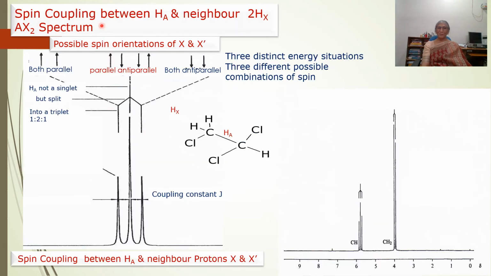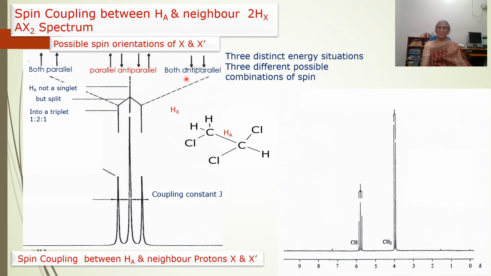Consider the spin coupling between proton A and two neighboring protons X. That is the AX2 spectrum. Proton A is showing the absorption, and there are two protons X, represented by X and X prime. There can be three different possible combinations of spin. One is when both protons have parallel spin, that is, both are alpha-alpha.